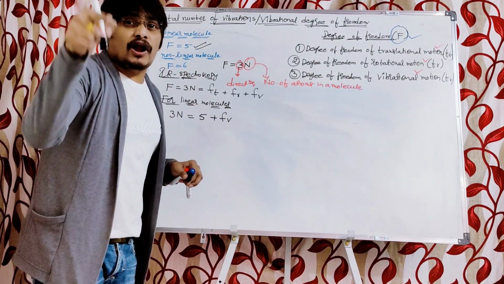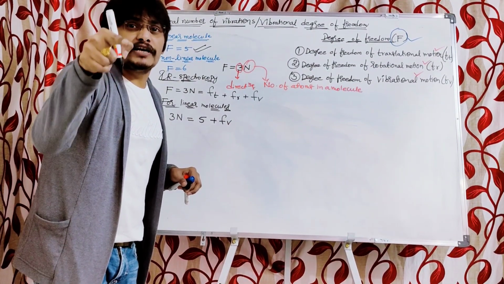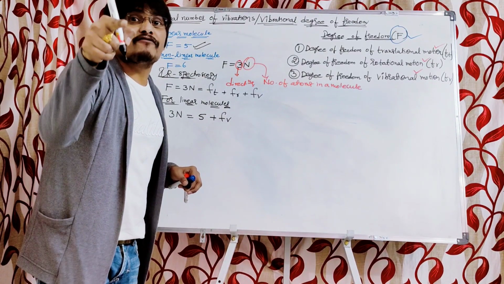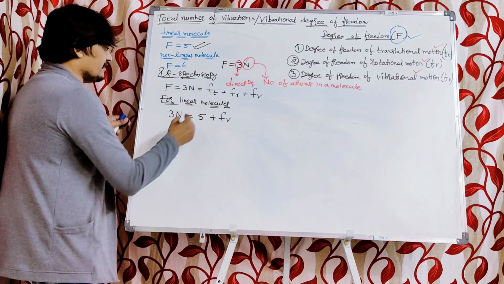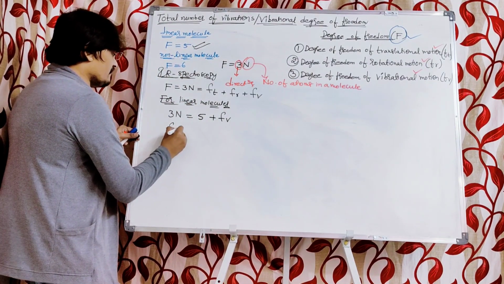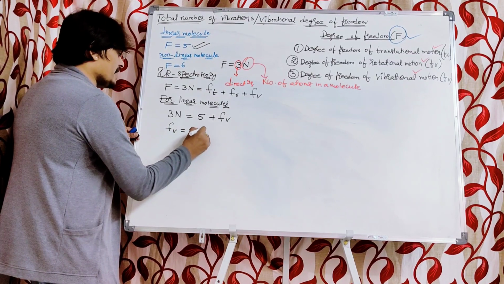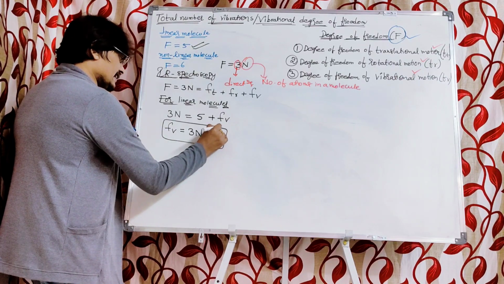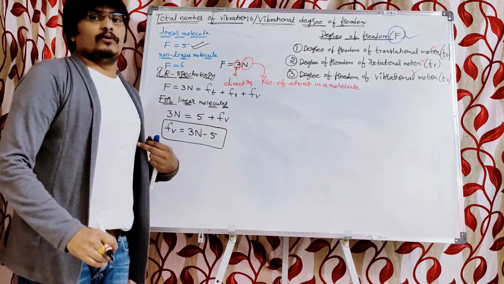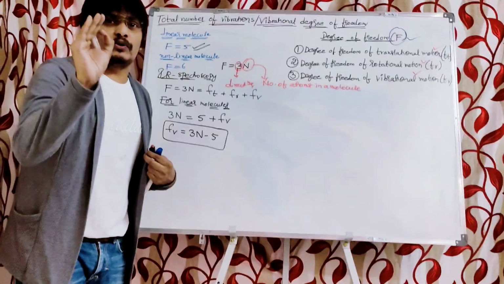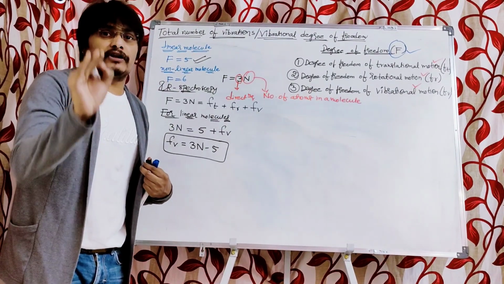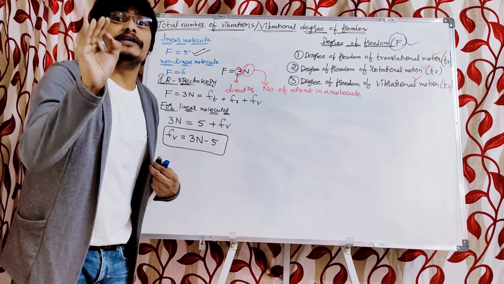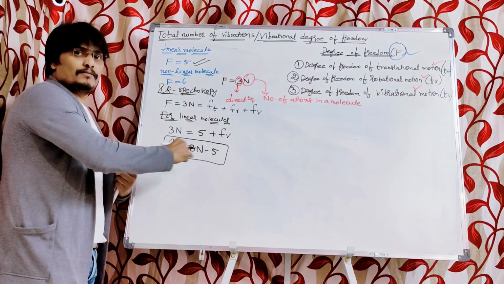The total number of vibrations in a molecule, that is, the degree of freedom of vibrational motion, represented by Fv. By rearranging the equation, what do we get? Fv equals 3n minus 5. So this is the reason we follow the 3n minus 5 formula to calculate the total number of vibrations in linear molecules.